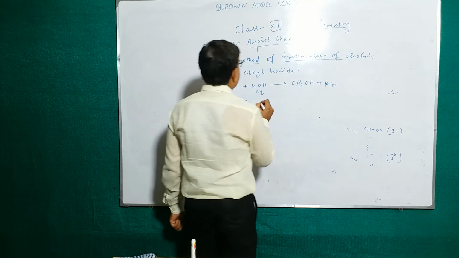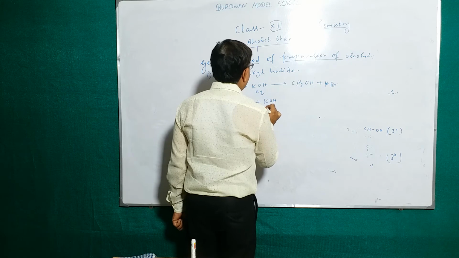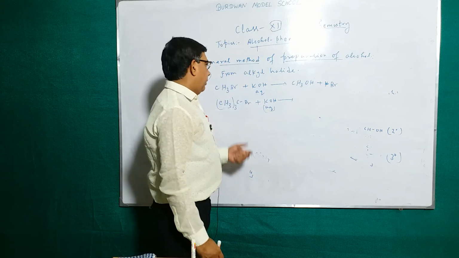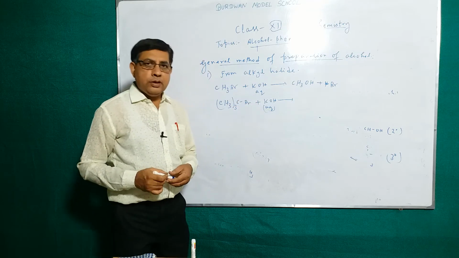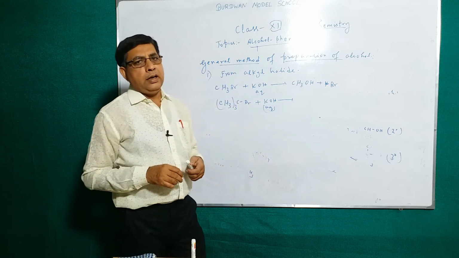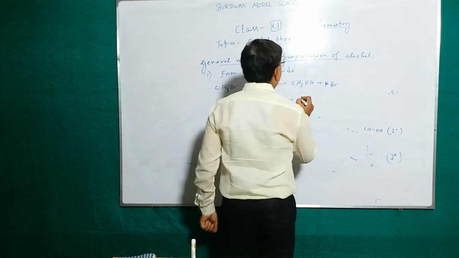Or tertiary butyl bromide plus KOH. You must write aqueous KOH, because alcoholic KOH gives another product. When you take aqueous KOH, it undergoes a substitution reaction. But if you take alcoholic KOH, it undergoes an elimination reaction to form alkene. So what will be the product?